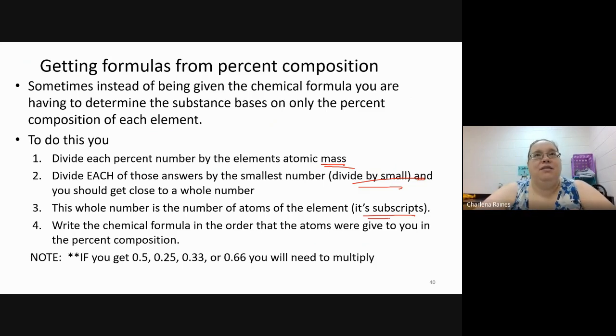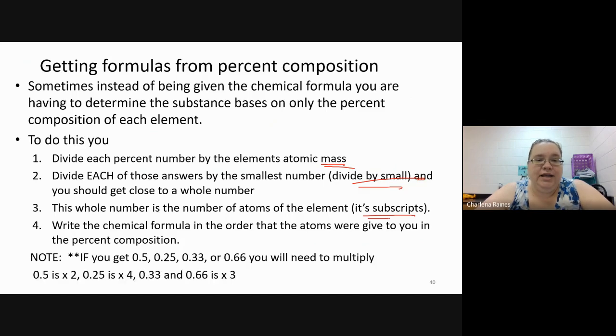So if I get something like 1.5, or something really close to 1.5, like 1.49 or 1.52, I'm going to have to multiply it by 2. That way I can get that 0.5, that half, to become a whole. Same idea, if I get something really close to a quarter, I'm going to have to multiply by 4. If I get something close to a third or 2/3, I'm going to have to multiply by 3.